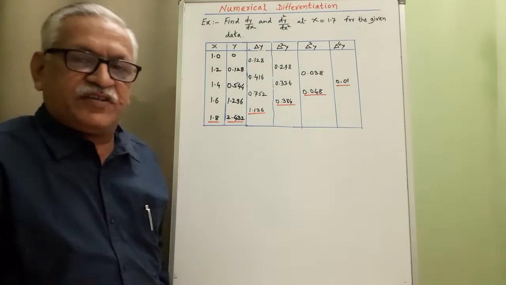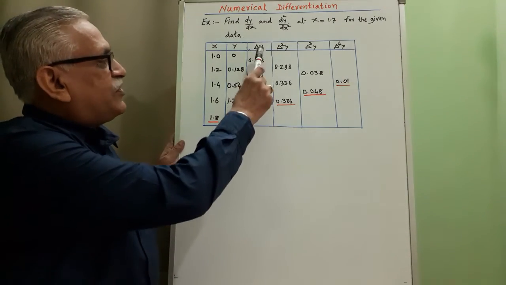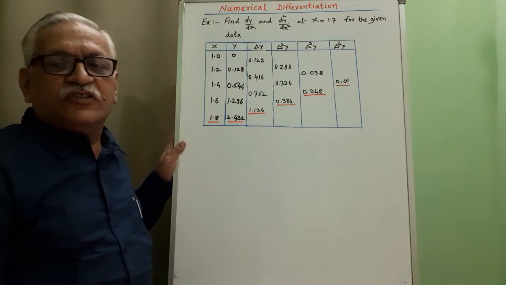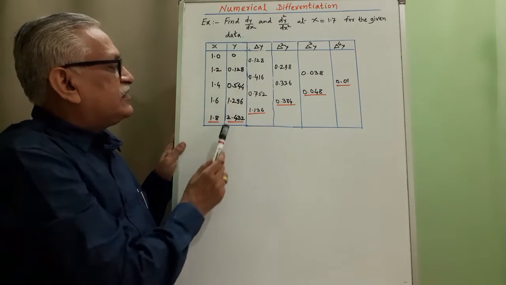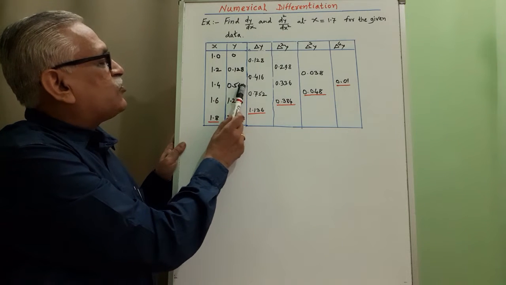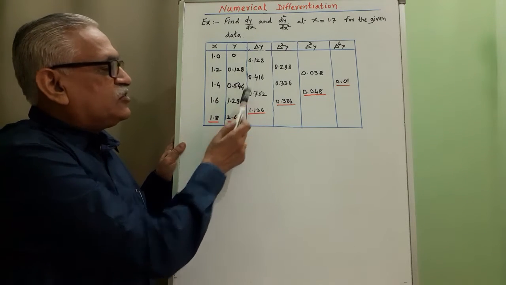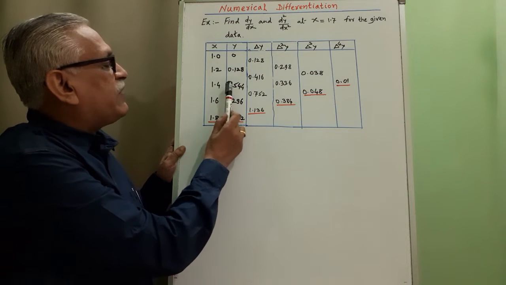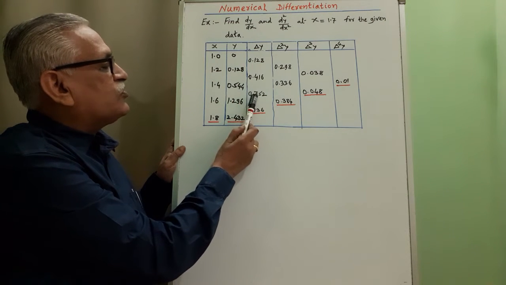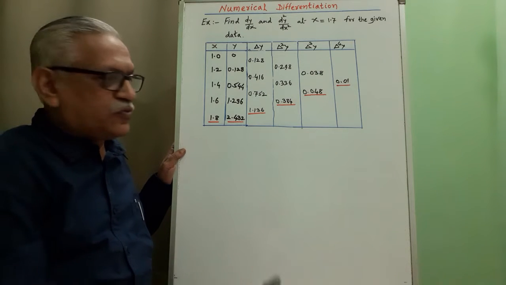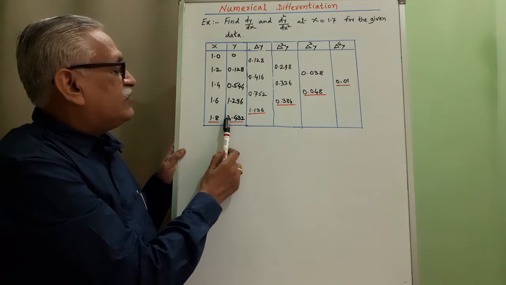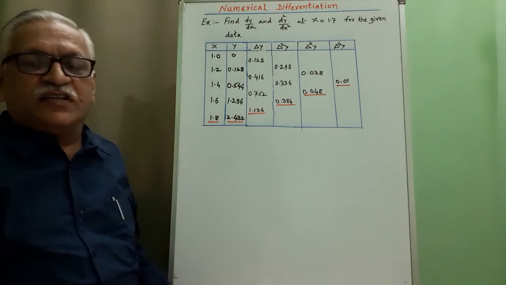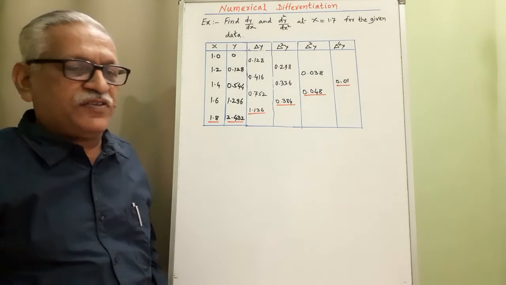First difference: 0.128 minus 0, we get 0.128. 0.544 minus 0.128 is 0.416. Then 1.296 minus 0.544 is 0.752, and 2.432 minus 1.296 is 1.136. These are the first forward differences.